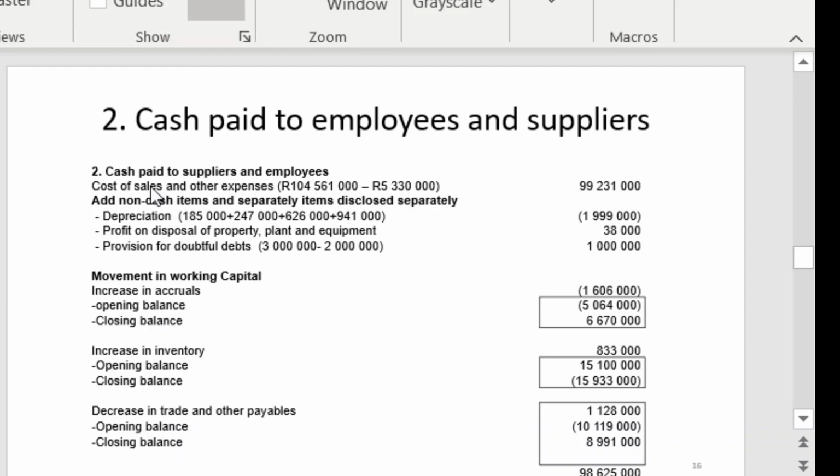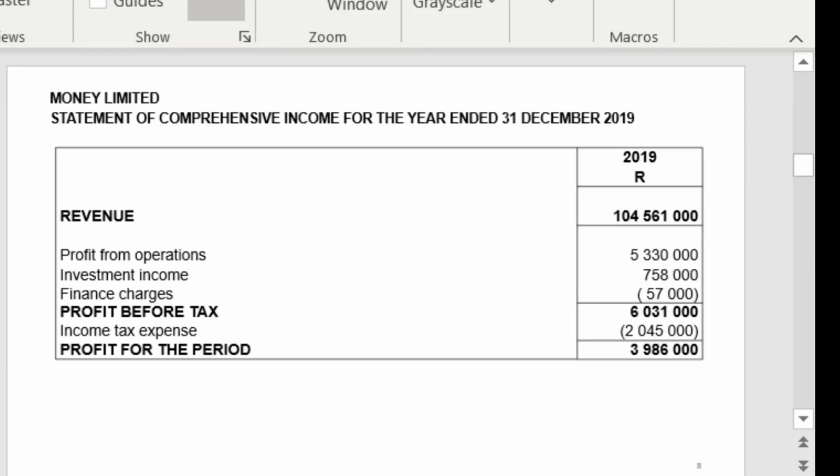If you look at the cost of sales and other expenses, if we go back to the statement of comprehensive income here, you will realize that, as I've indicated, we are given revenue and profit from operation. In other words, we're not given cost of sales and other expenses.